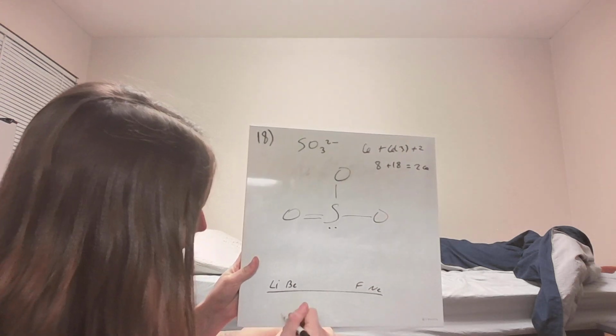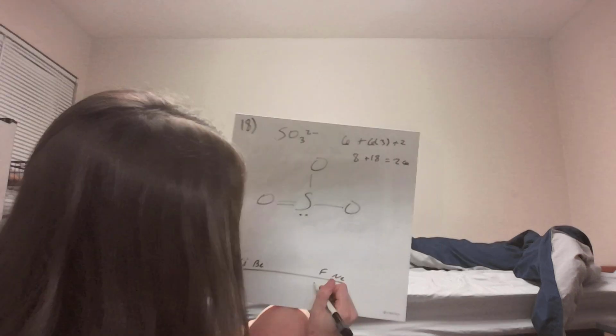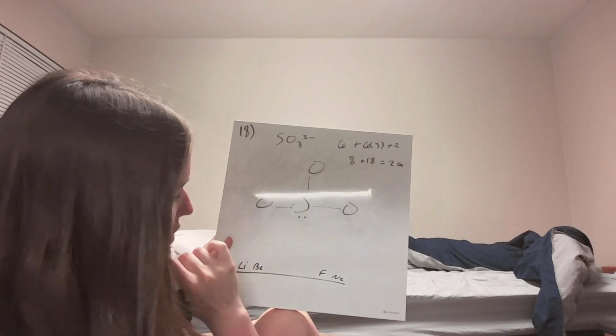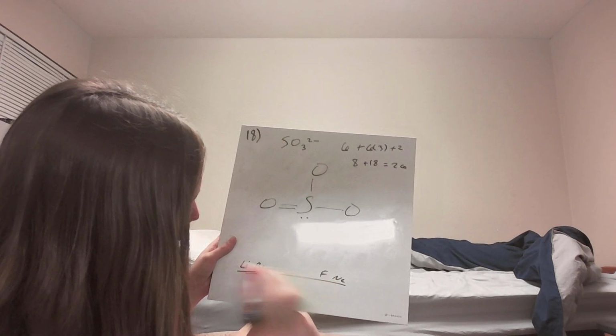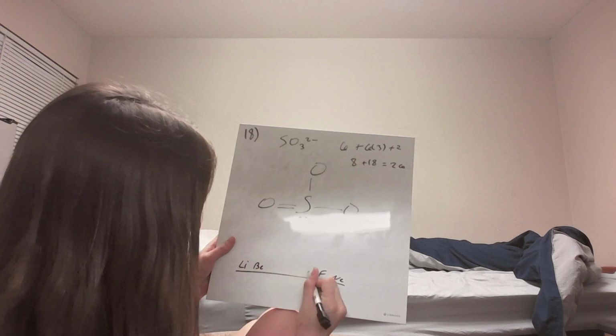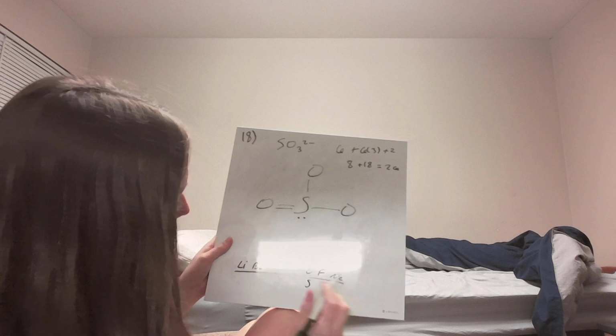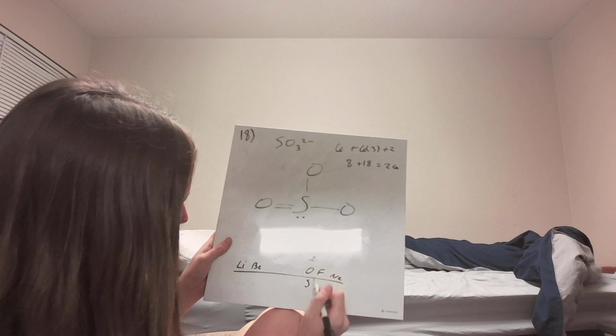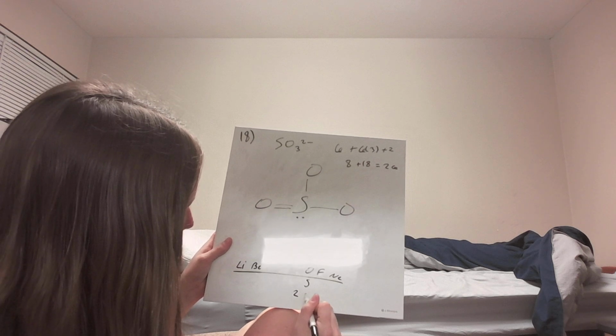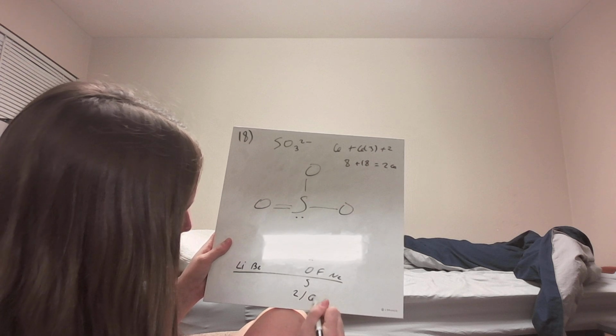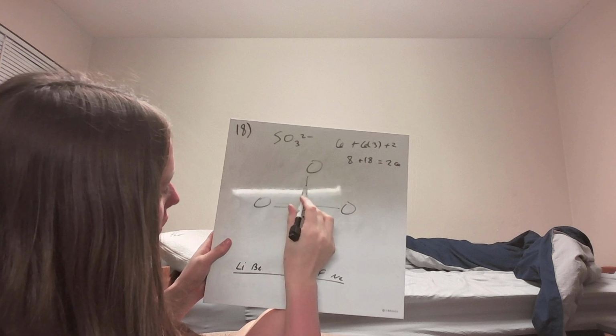If it's below this line, you can break the octet rule. Sulfur's under oxygen. Oxygen likes to have 2 bonds, but sulfur can either like to have 2 bonds or it can give away all 6 of its bonds.